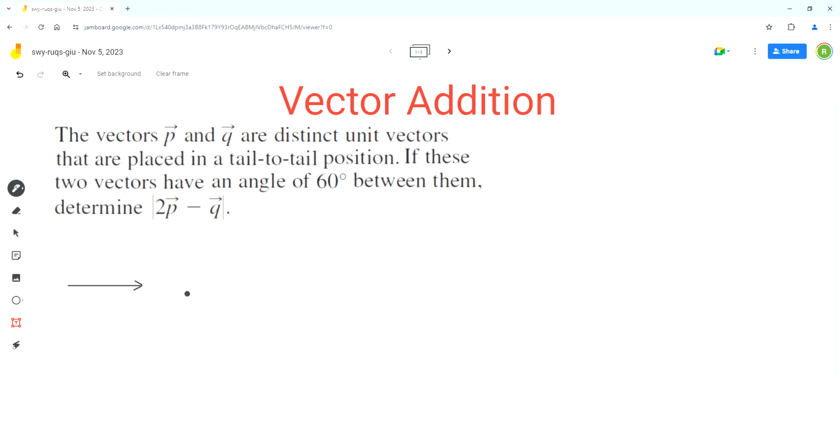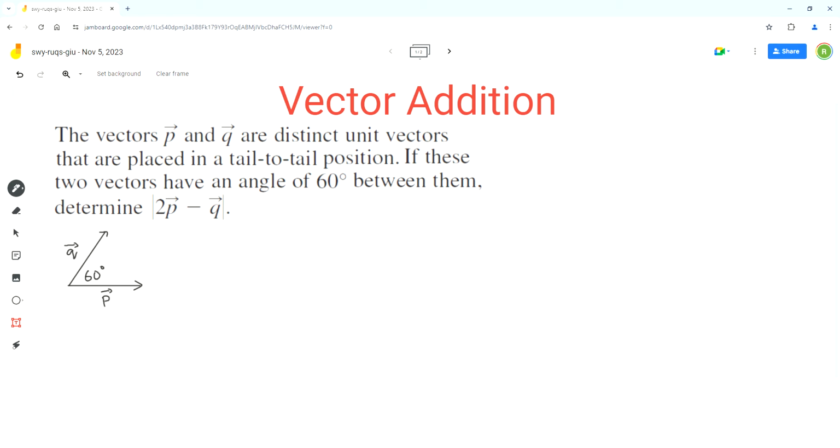So this can be vector P and this can be vector Q. And the angle between them is 60 degrees.